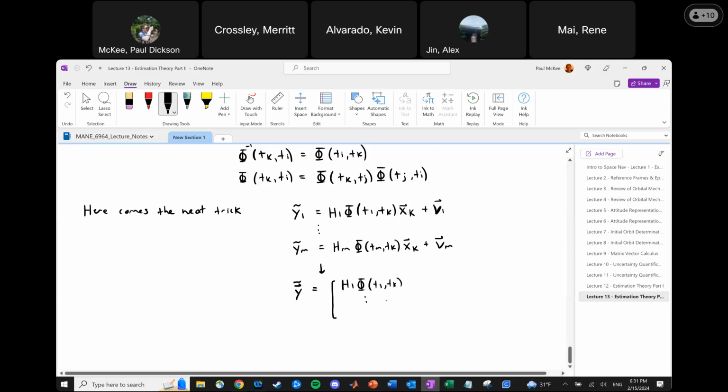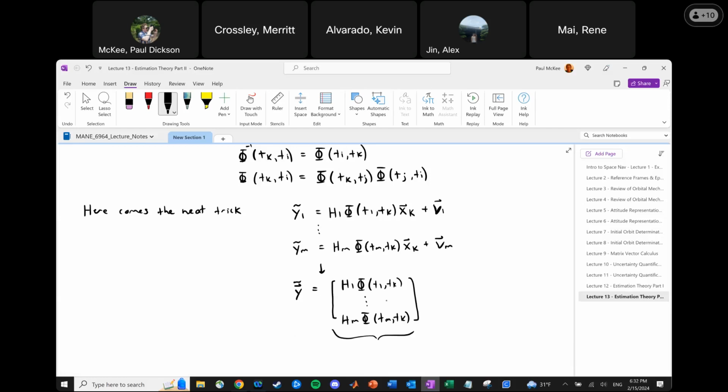These stack is my point. Hm Φ(tm, tk). And we're going to call this whole dang thing H in our future equations, right?